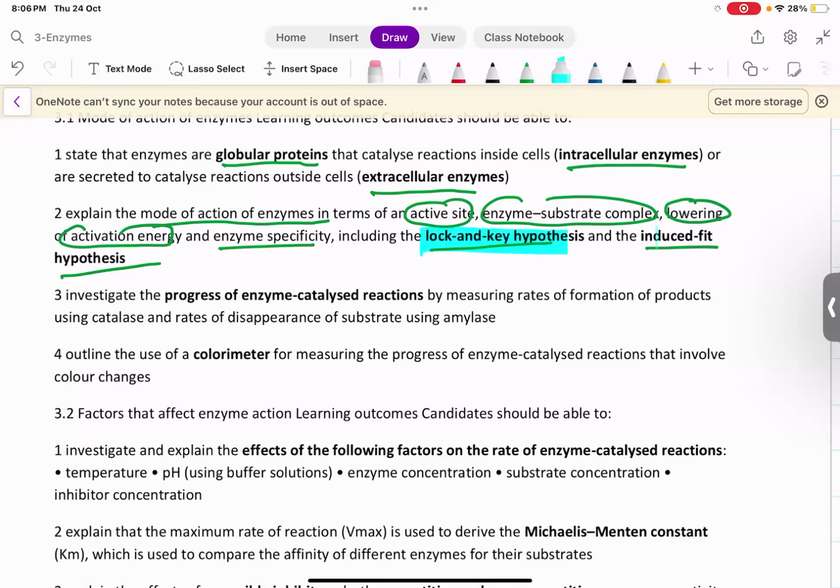What are the differences in between lock and key model and induced fit model or hypothesis. Then we will discuss some investigations that involve progress of enzyme catalyzed reactions by measuring the formation of products and by disappearance of substrate. So this is another topic.